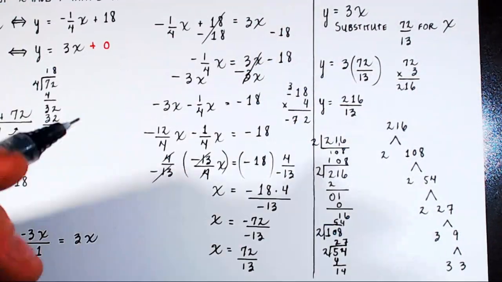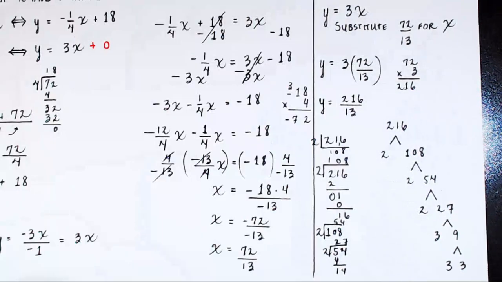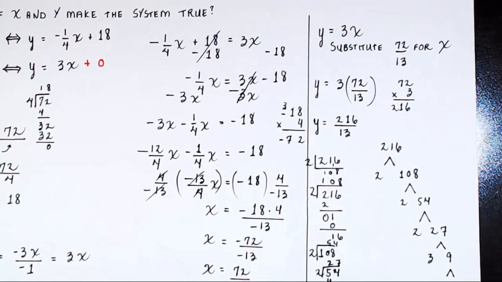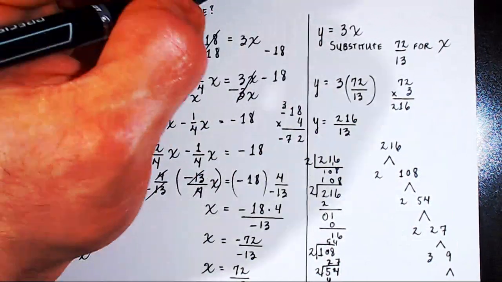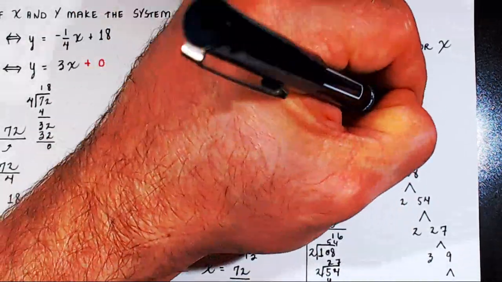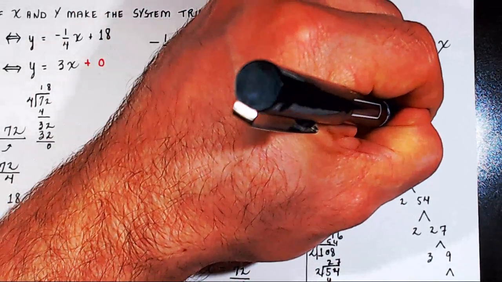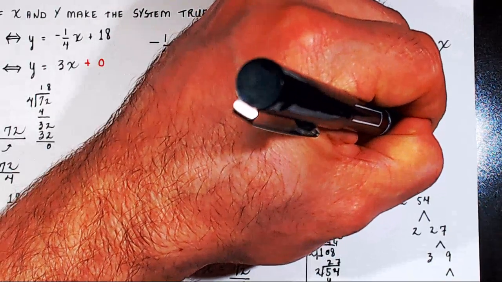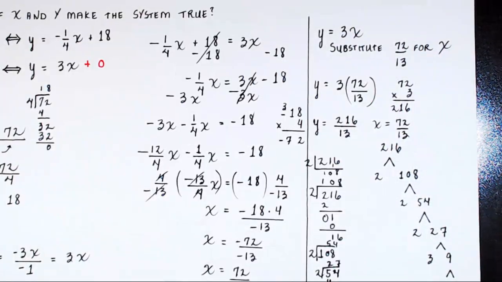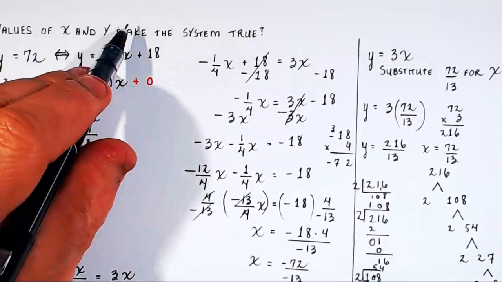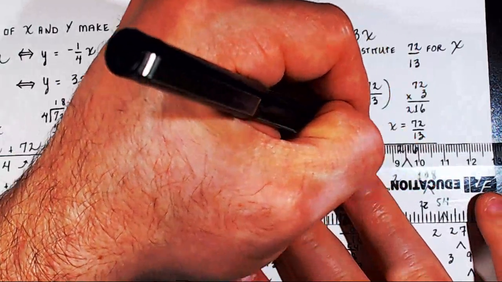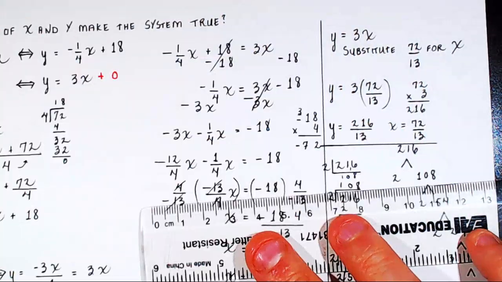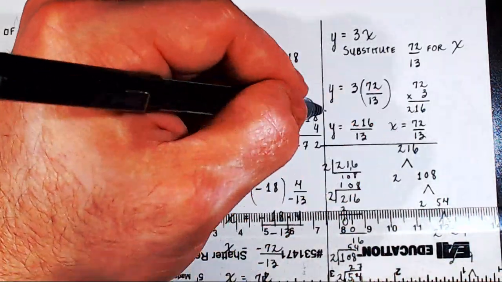So that means that's our y value, and our x value was 72 over 13. So we can write x equals 72 over 13 right here. If we're looking at what values of x and y make the system true, these values make the system true. But we typically don't write it like that.